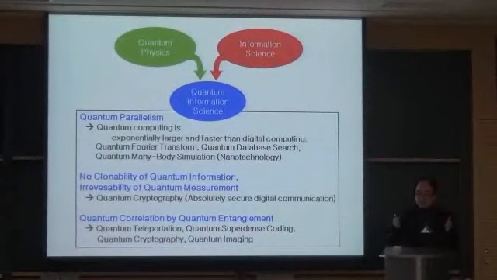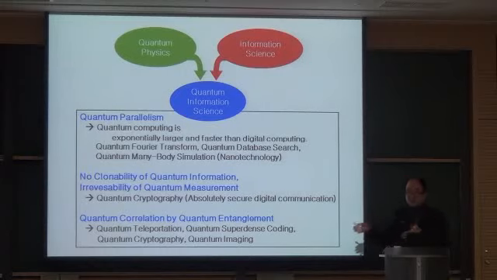So when we talk about information science, now the principle of nature, quantum mechanics, is going to be used for everything. Especially quantum mechanics, the superposition principle, the quantum parallelism is due to the superposition principle.